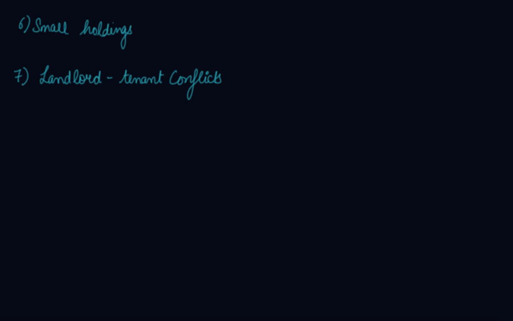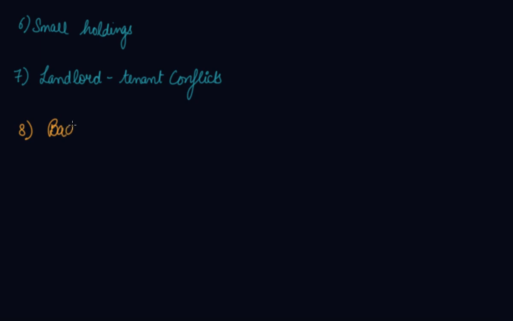Obviously, the bulk of the benefit accrues to the landlord. So the tenants suffer from deprivation. Ultimately, there exists a conflict between the landlord and the tenants, the owners and the farmers.